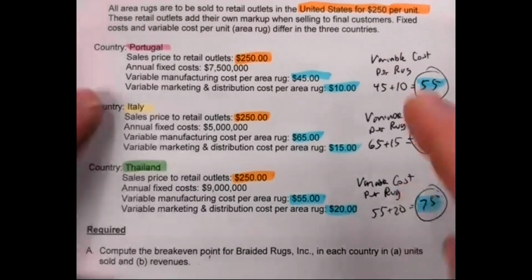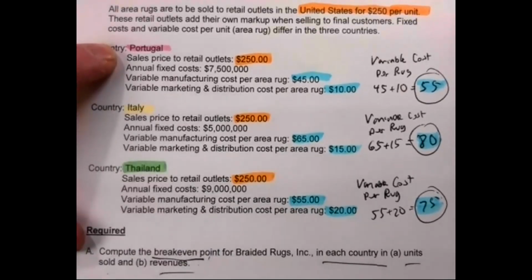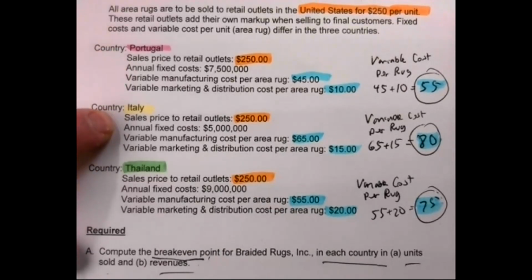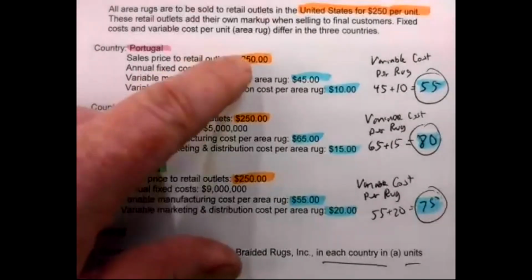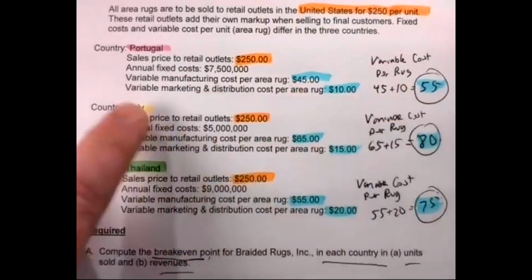Okay, so what we're going to do, initially we're going to do it for A, it says compute the break even for each country, in units and in dollars. So we're going to do the break even for Portugal. We're going to do the break even for Italy. We're going to do the break even for Thailand. And they're going to be different because they have different fixed costs and different variable costs.